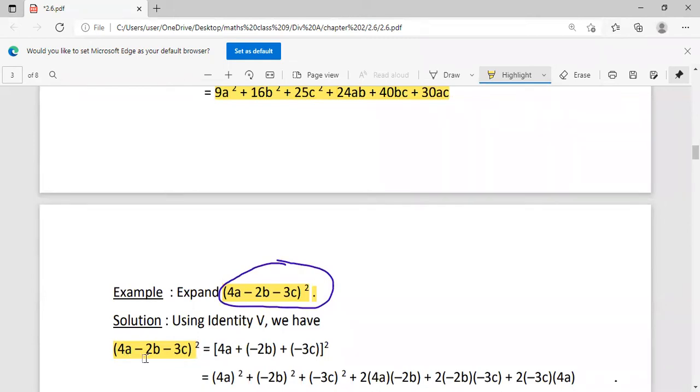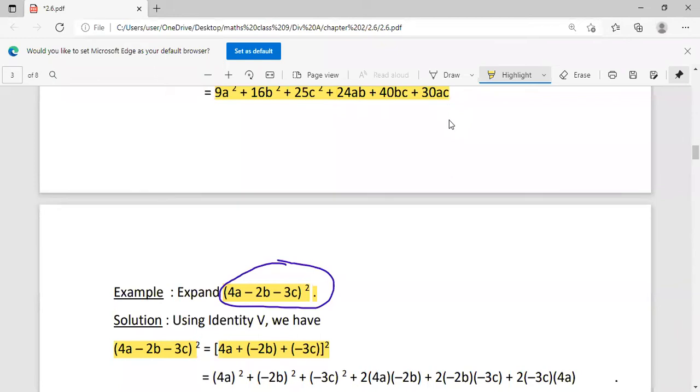And instead of minus 2b, we write it as plus into minus 2b. Similarly, instead of minus 3c, we write it as plus into minus 3c. Clear? There are no other hard steps, only simple steps.